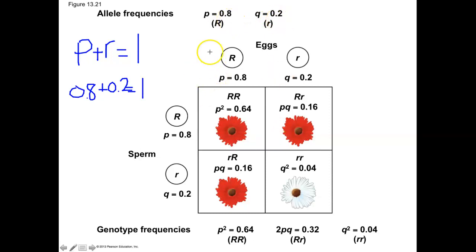So in this flower population, that means that 80% of the allele frequency is big R. That's how frequent the allele is going to come up, 80% of the time. And then 20% of the time is going to be the little r. So hopefully that makes sense to you.